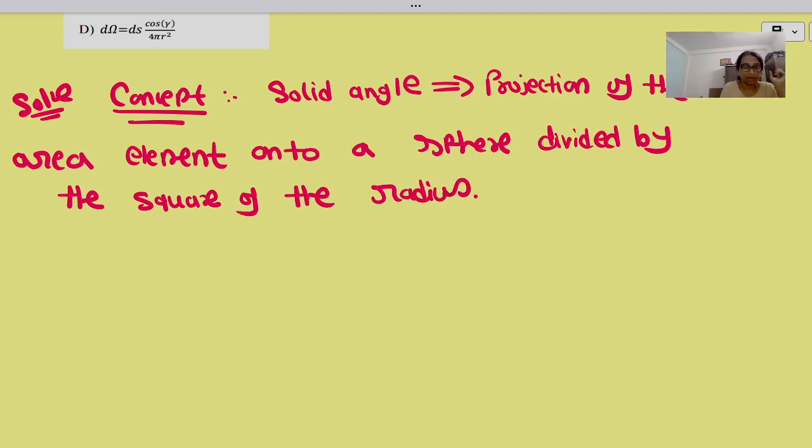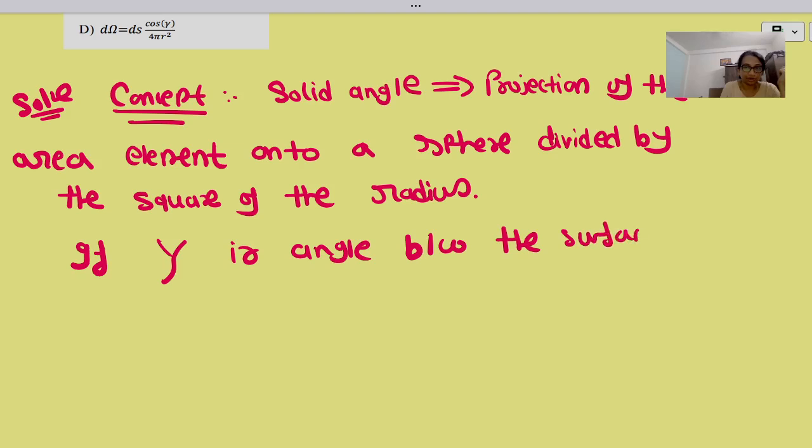Now if in our question the value of gamma is given, gamma is the angle between the surface normal, the n vector, and the radial r vector.